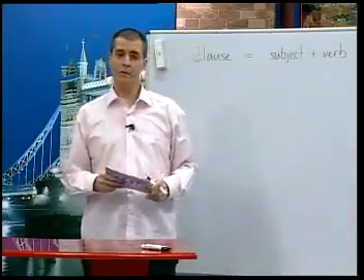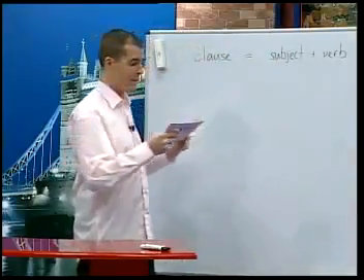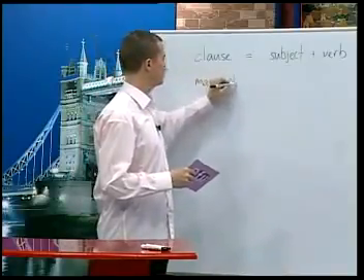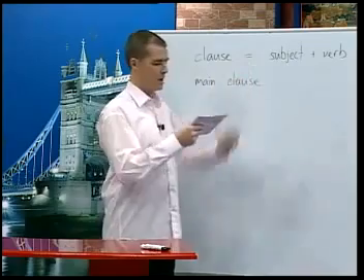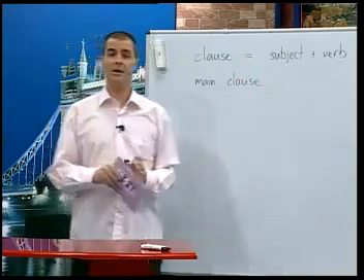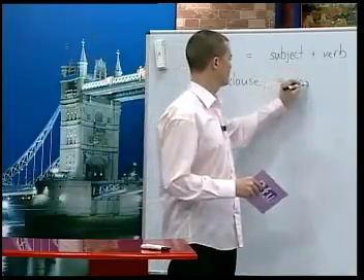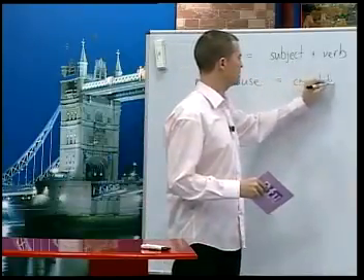Now, there may be several clauses in a sentence. There may be the independent or the main clause. And the main clause is a complete sentence.